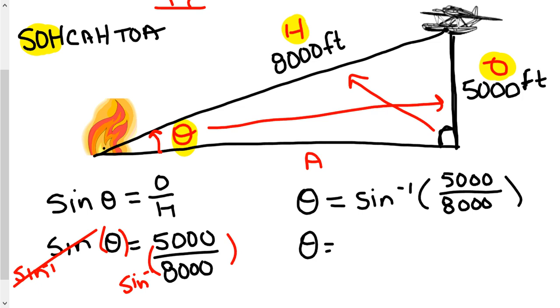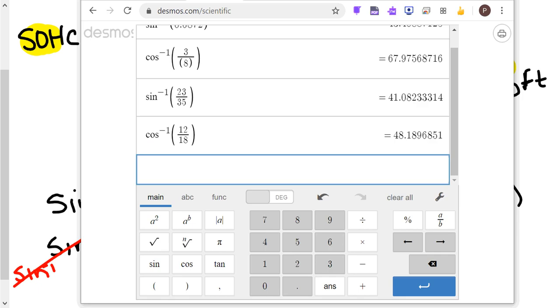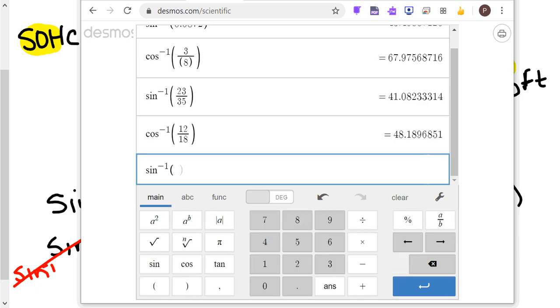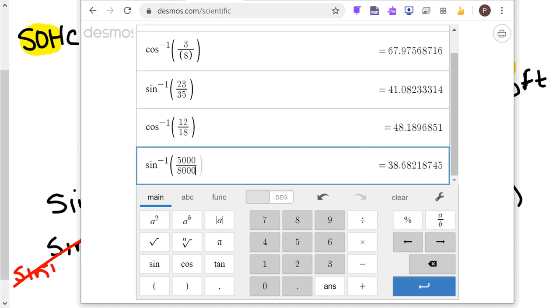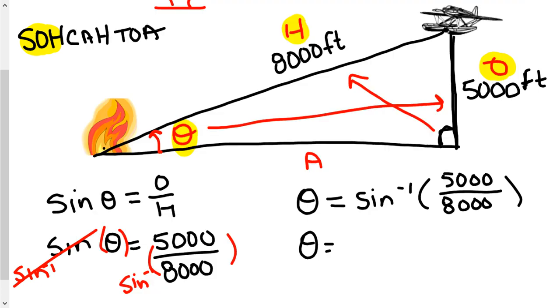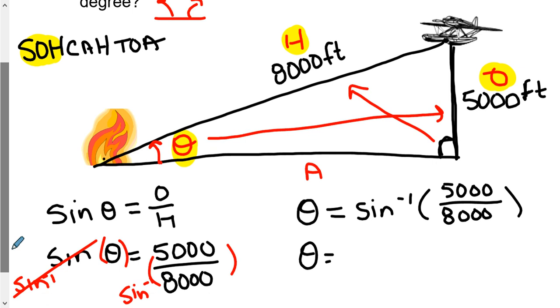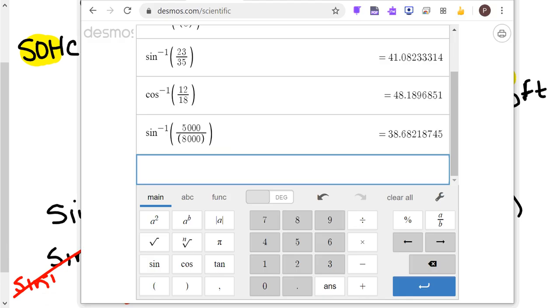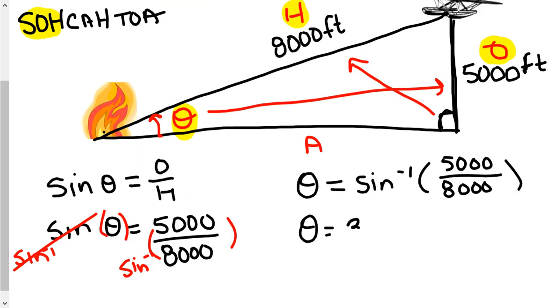Pull out my calculator. Inverse sine of 5,000 over 8,000. And I get 38.68, so 38.7. To the nearest degree, we're going to round that to 39 degrees.